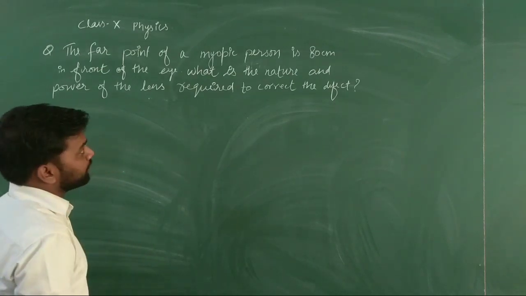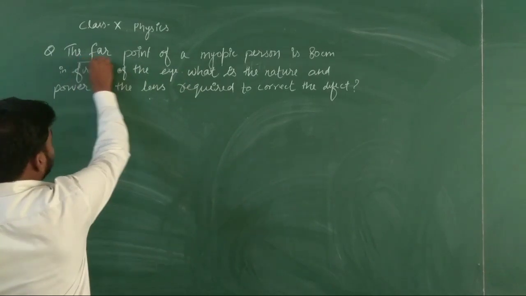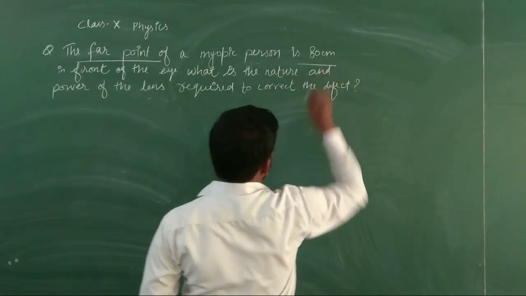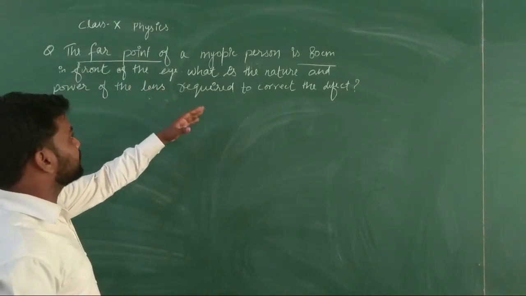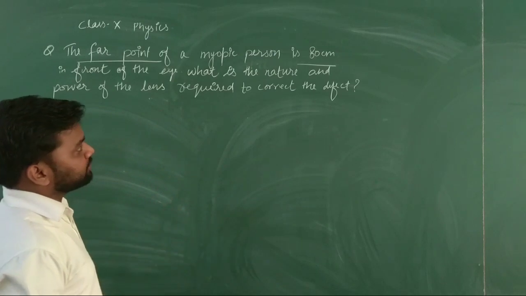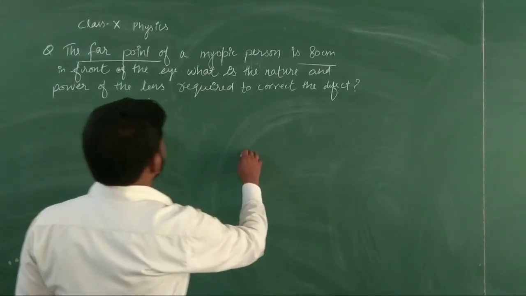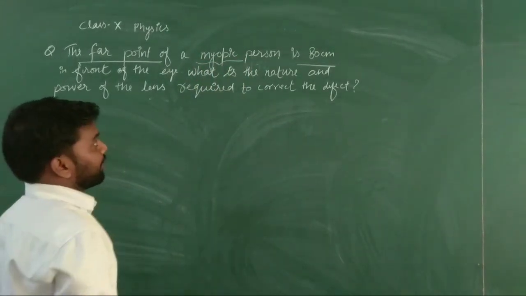Here we need to see the information given first. Here it is already given that the far point of the myopic person is 80 centimeter in front of the eye. What is the nature and power of the lens required to correct the defect? Here it is already given that the defect is myopia.